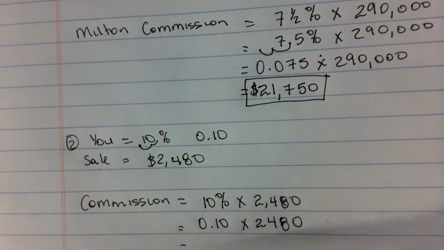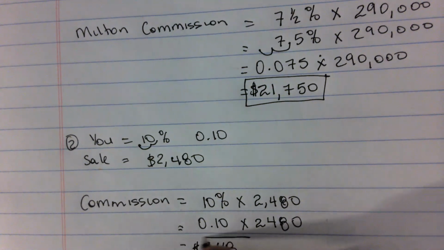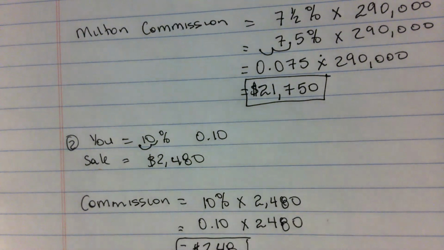It's going to be $248. And that is how you do the first part of commission. All right. So now you're going to go ahead and work these class work problems on your own. And then we're going to come back and look at the other part of commission.